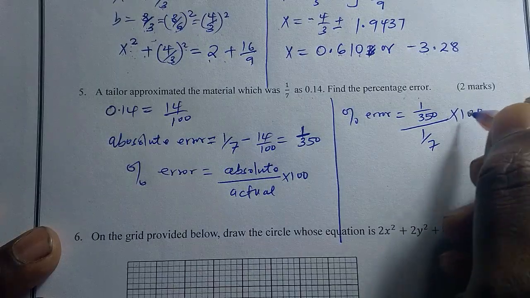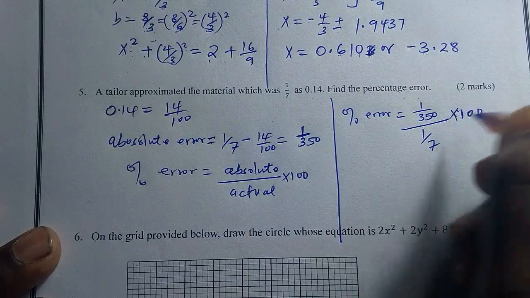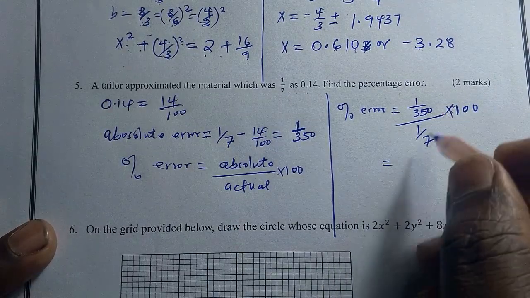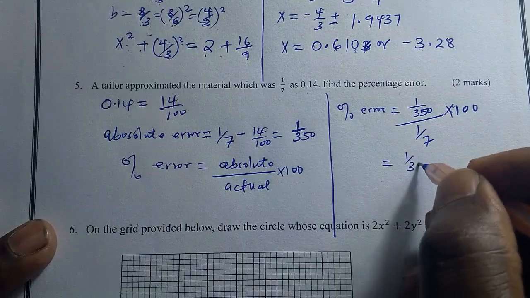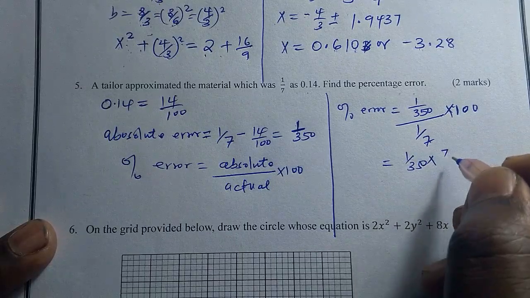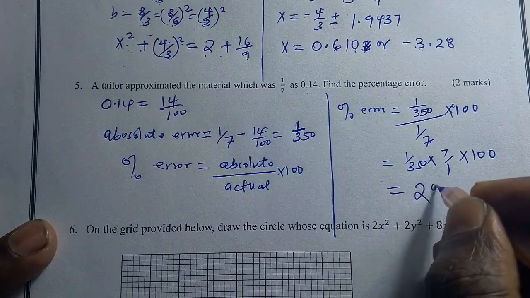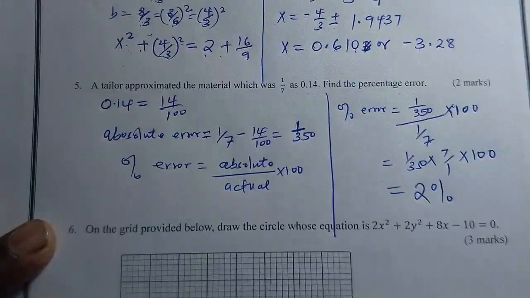You can put it in decimal places or this way. This is the same as how we divide fractions. It is 1 over 350 times the reciprocal of this, 7 over 1, then times 100. And you find that that one is 2%. So the error is 2%.